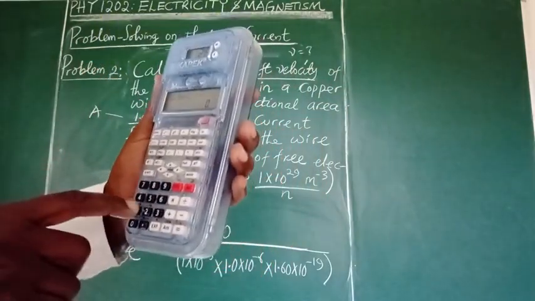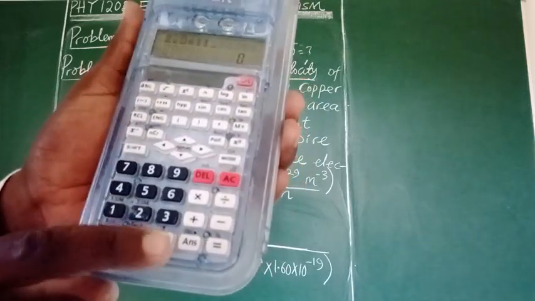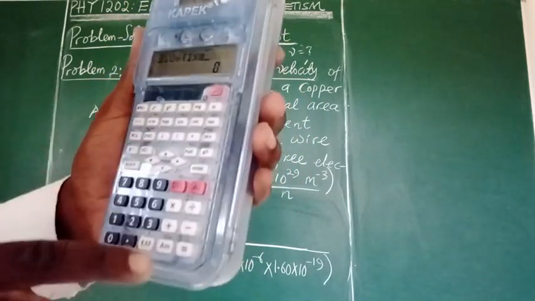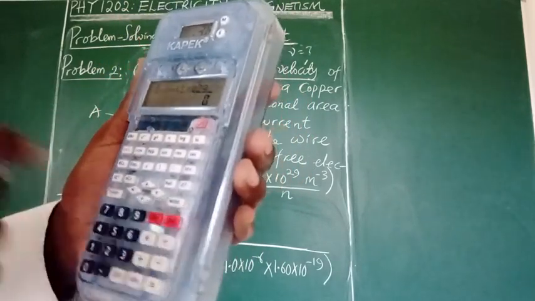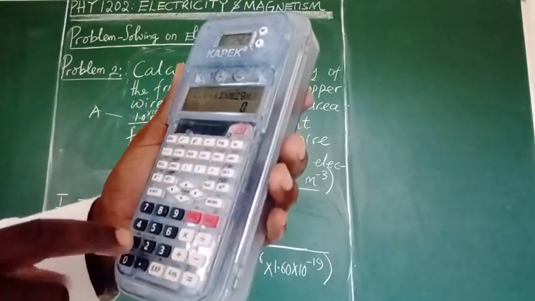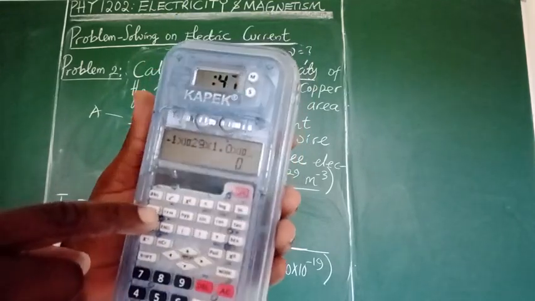Press one, exponential. Can you see this is the exponential? When you press exponential, you will see times 10. Then now write the power of 10, 29. Then times again 1.0 exponential negative 6.